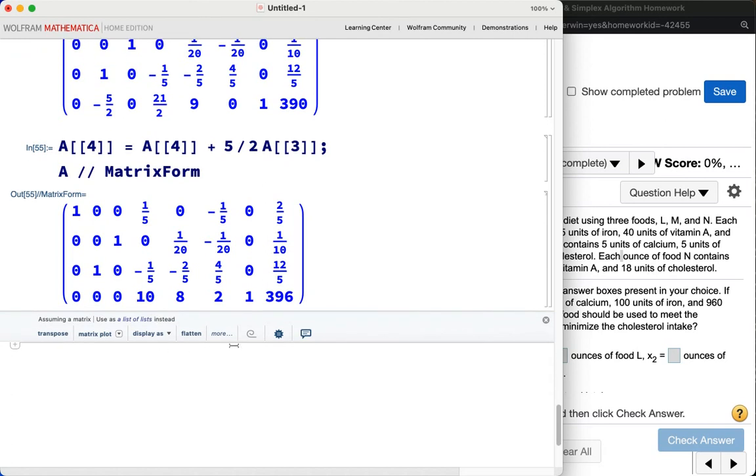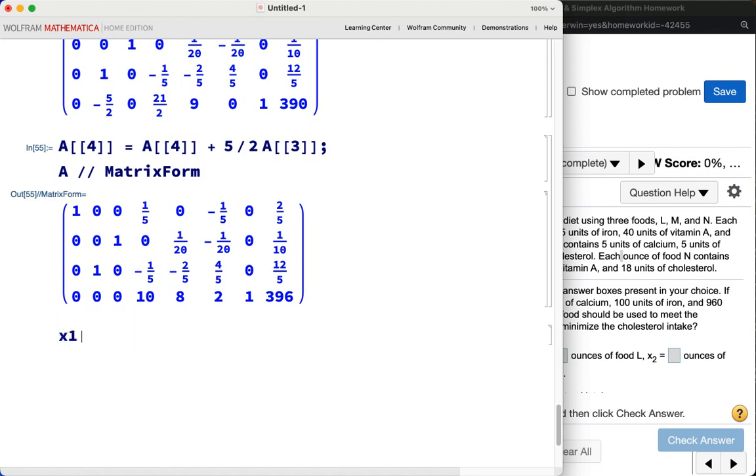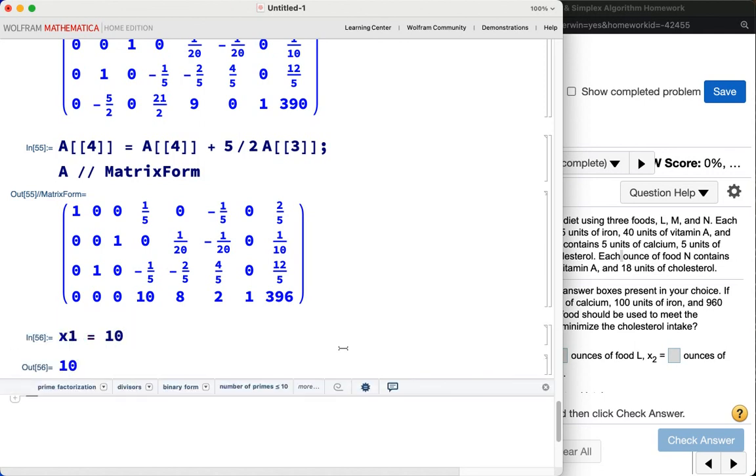So if we look at this, our new x1 is equal to 10, as you can see right here. The answers are right over here in the bottom row, because these are the slack variables that correspond to the original minimization problem.